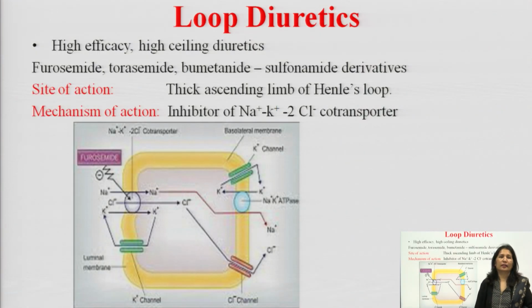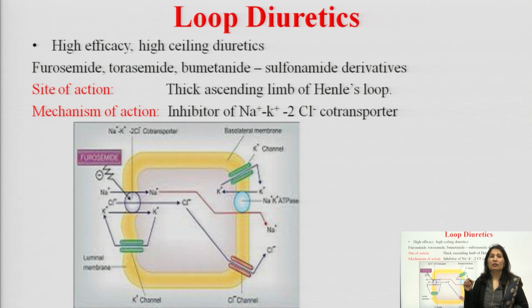Loop diuretics are the most important and most popular diuretics, highly efficacious, high ceiling diuretics. They are called high ceiling diuretics because the diuretic action increases with increase in dose.